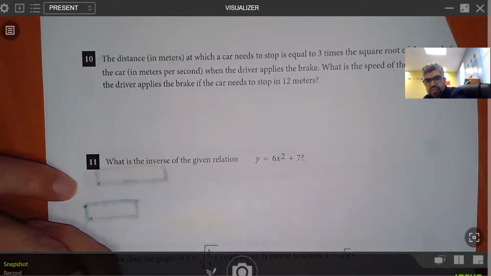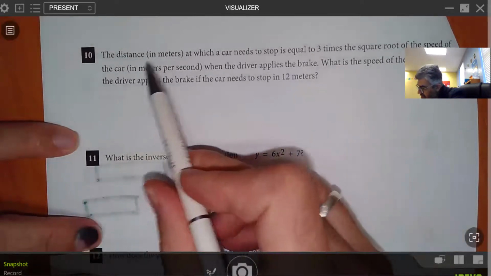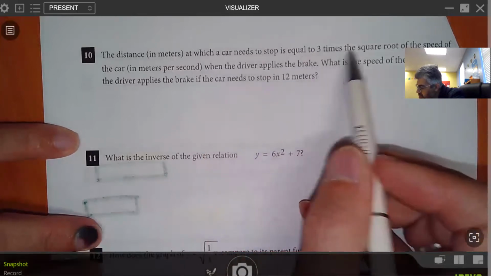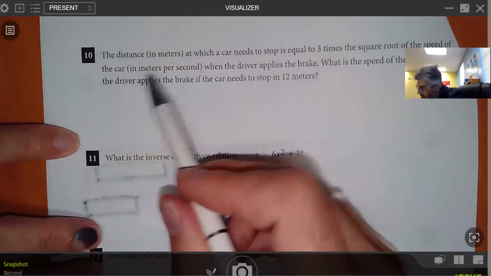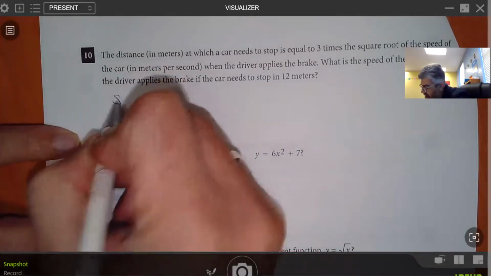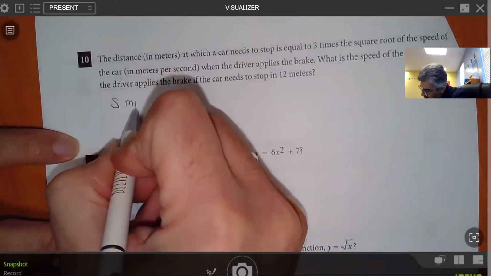Let's visualize this question. Let's say the speed of the car is s meters per second.